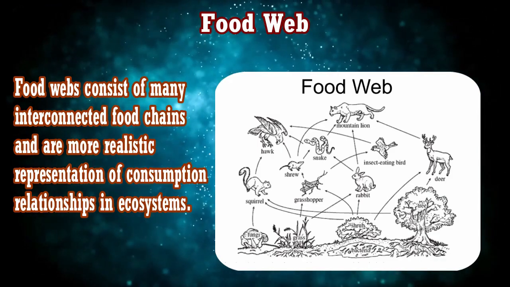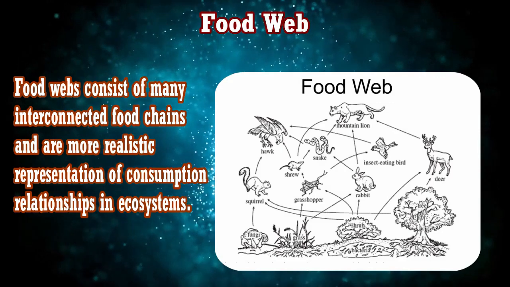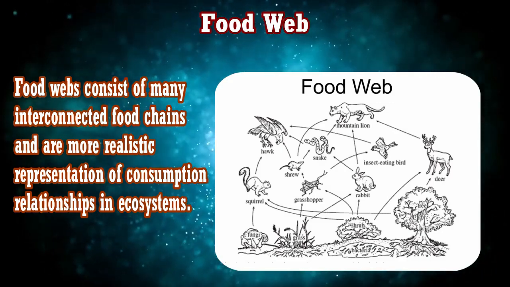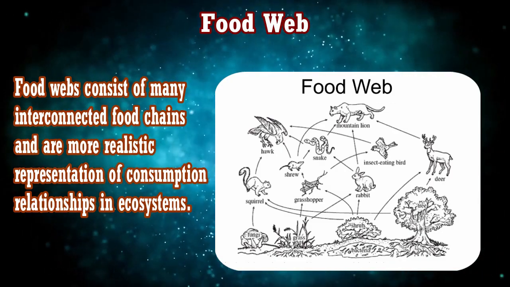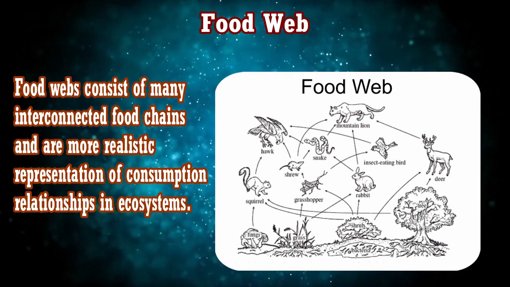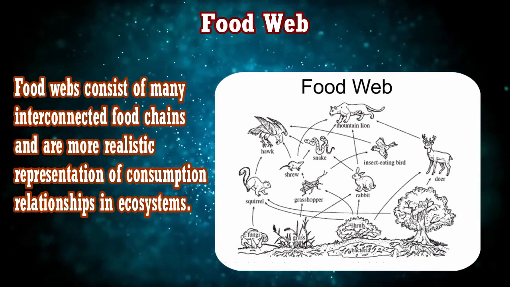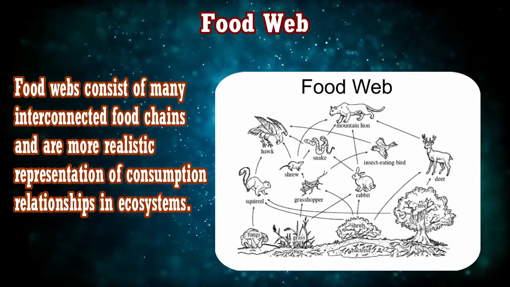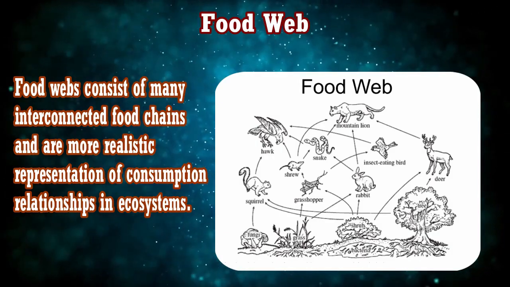There are multiple food chains. You can see the mountain lion, hawk, snake, squirrel, grasshopper, multiple things are present. So it is a dangerous combination of different food chains, right? And that's why it is called a food web.